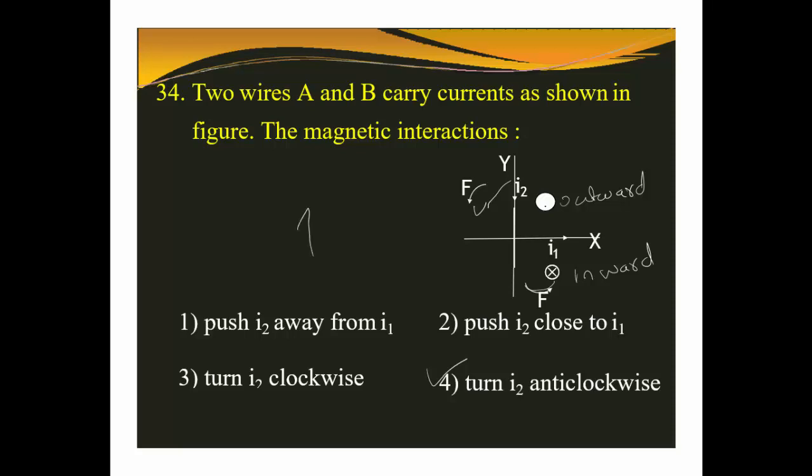The forefinger gives the magnetic field, the middle finger gives the current, and the thumb gives the force. Using this you can calculate. This will rotate in the anti-clockwise direction.